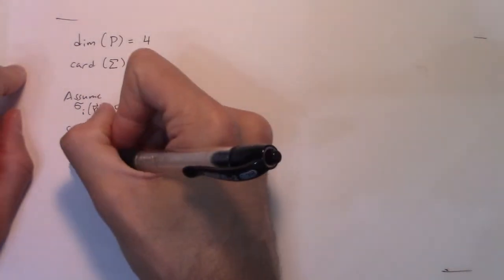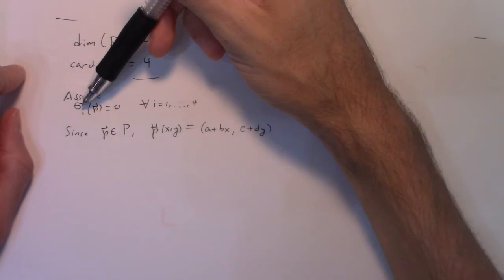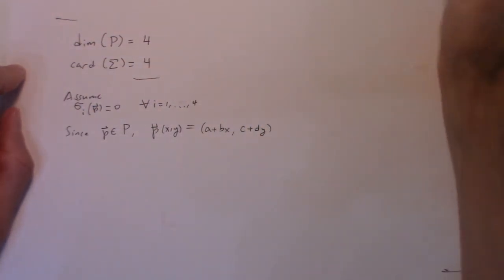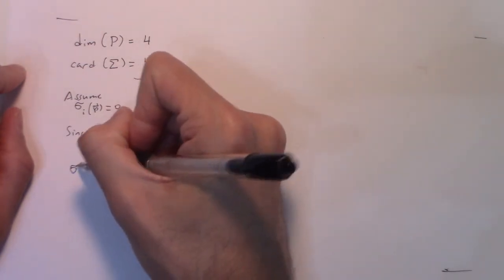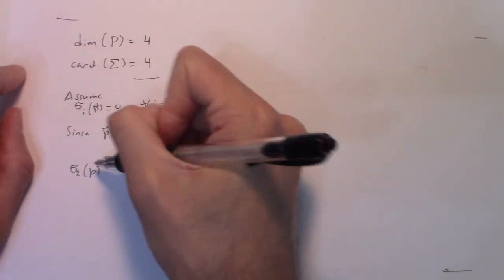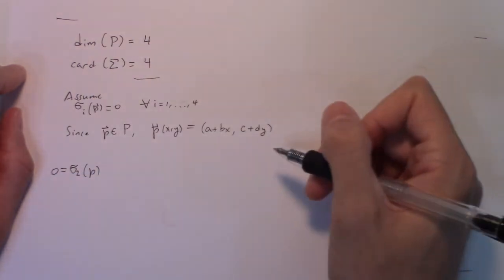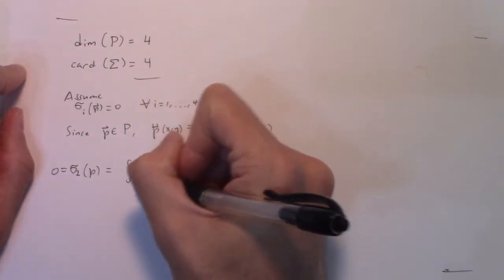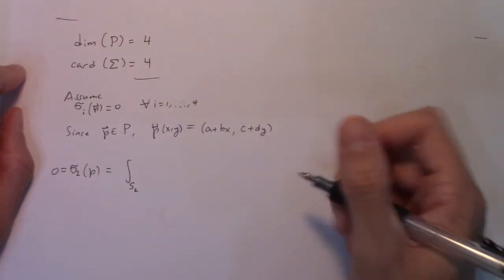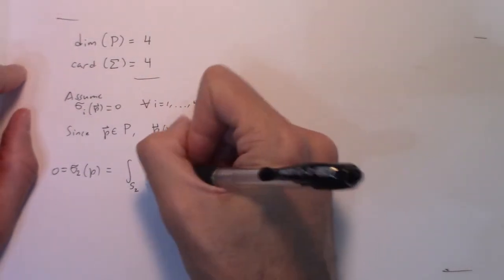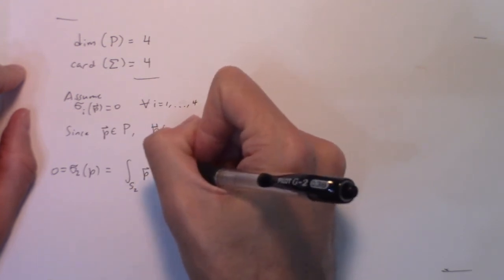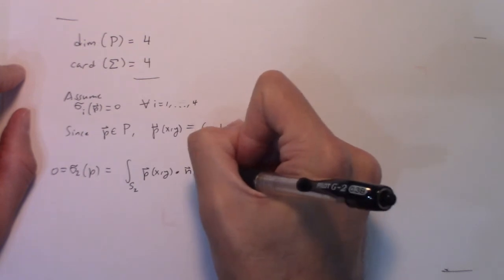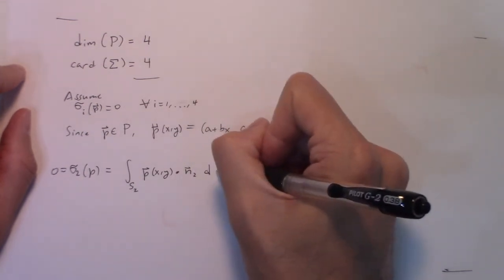I will just demonstrate one of these, and then you can fill out the details for the others. So if we look at, say, sigma 2, we're assuming this is equal to 0, and sigma 2 is equal to the integral over side 2 of the vector p dotted with the normal vector n2, ds.